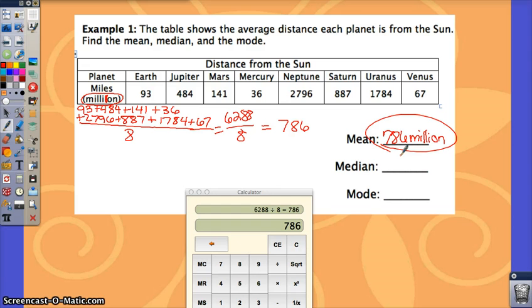It's a million. The median then is the one that's in the middle, so we have to order these data values to get the middle. So we have 36 as our lowest, then 67, then 93.